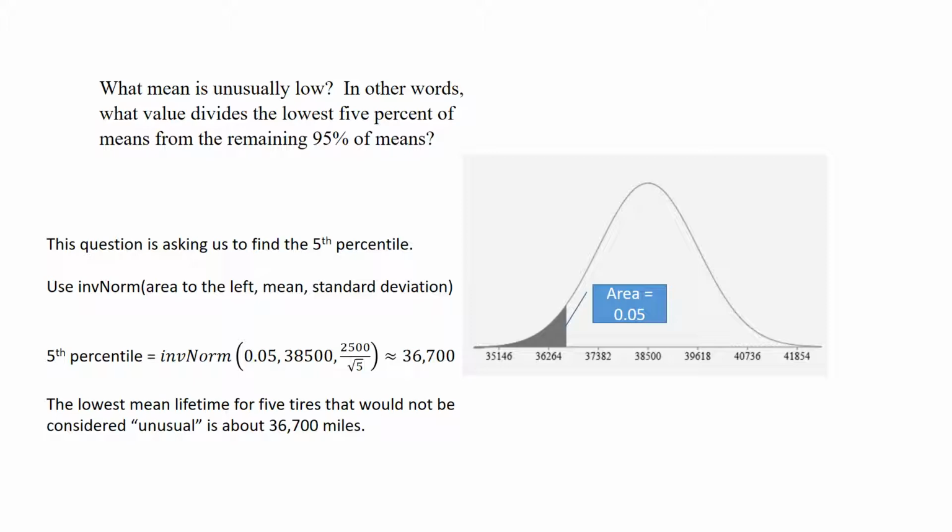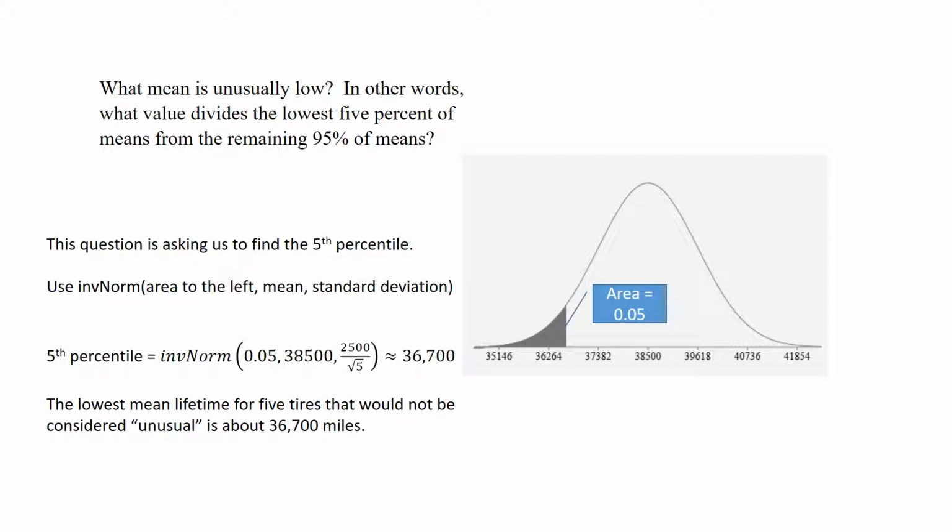So here we have what we put into our calculator: inverse normal, 0.05 for the 5th percentile, the value that bounds the lower 5% from the upper 95%, 38,500, that's the mean of the sampling distribution of the means, and again, 2,500 divided by the square root of 5, the standard deviation for the sampling distribution of the means.